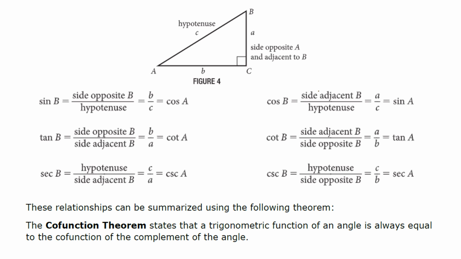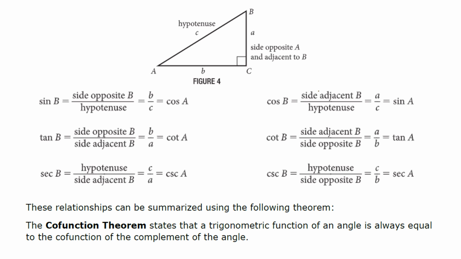So let's use triangle ABC to show the cofunction relationships. In figure 4, if we are looking from the perspective of angle A to the side length lowercase a, we would see that lowercase a is the side opposite A, but it's also the side that's adjacent to B. So looking at the first example here, sine B is going to equal the side opposite B over the hypotenuse.